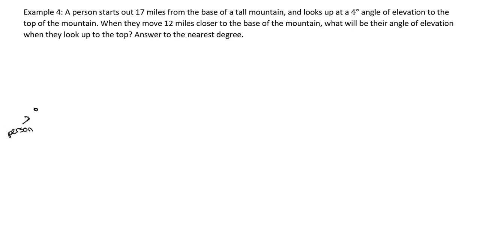And my mountain's going to be over here. Mountain. I can't spell mountain, I guess. So this person is 17 miles away, and they're looking up at an angle of 14 degrees.